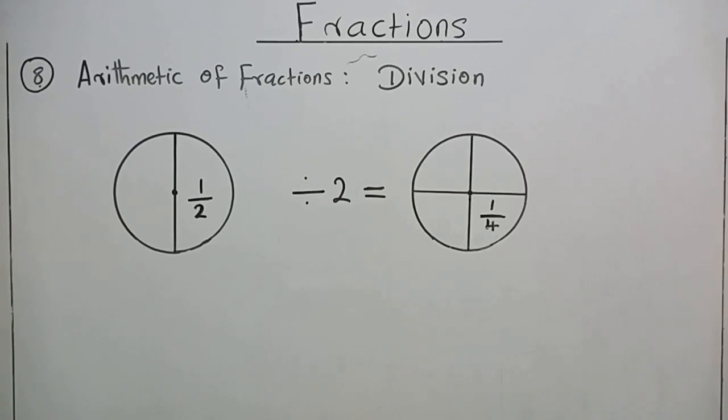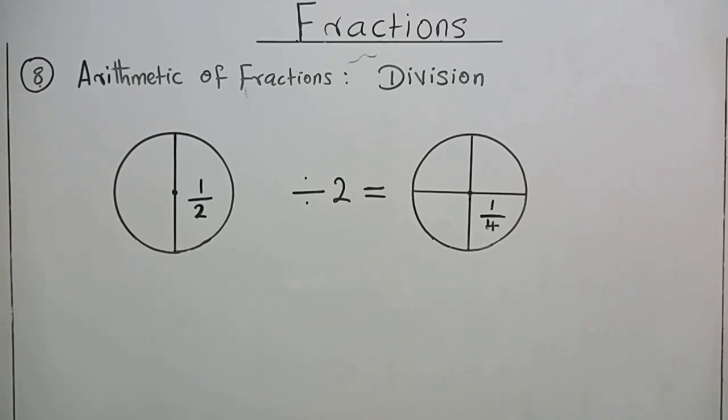Permit me to use this illustrative diagram to arrive at a conclusion regarding the law of division involving fractions. Please, closely watch this circle. It is broken into 2 equal portions. This portion and this portion are the same in size, probably.